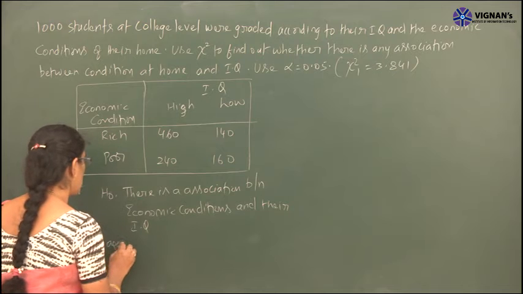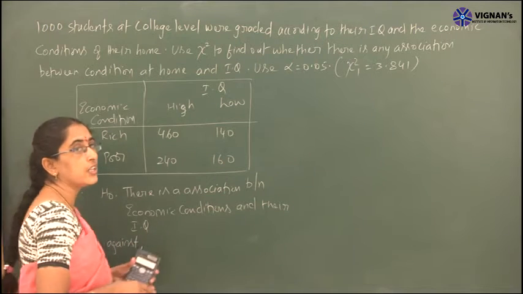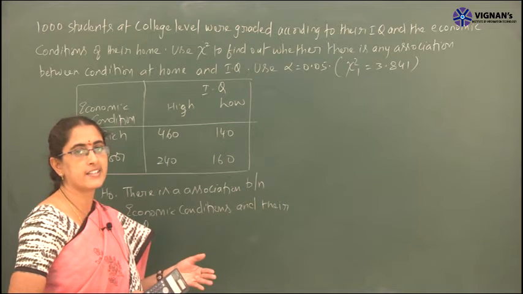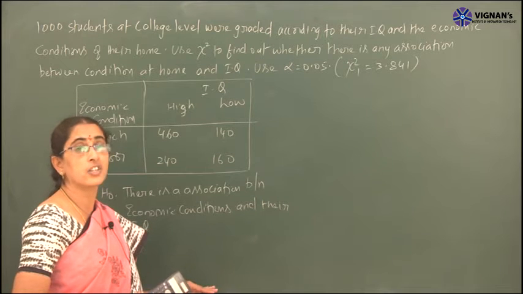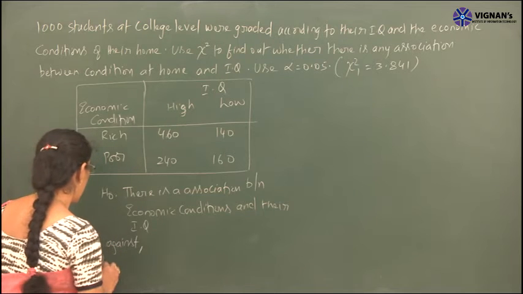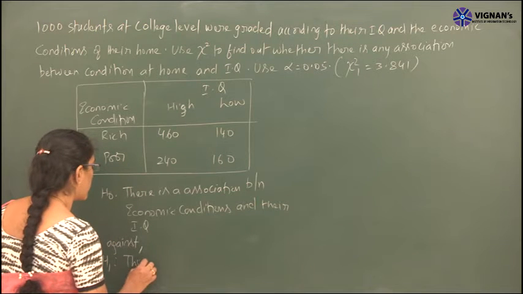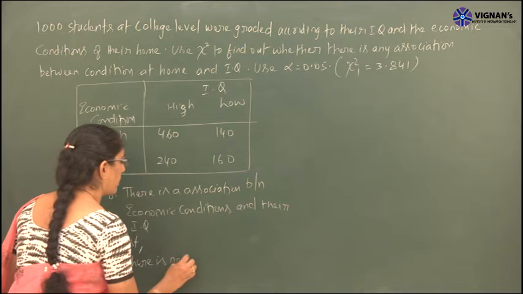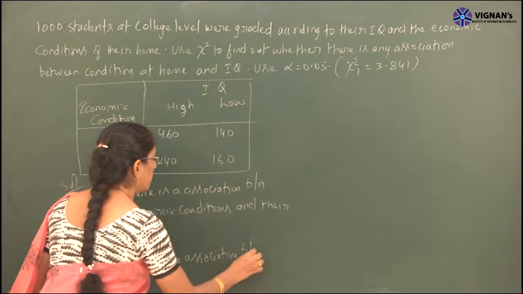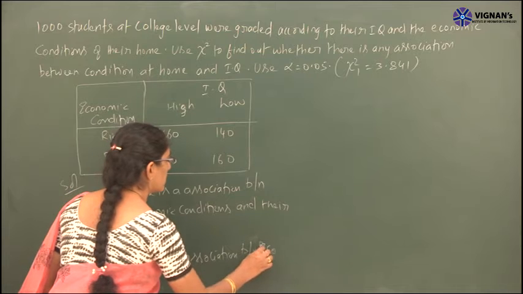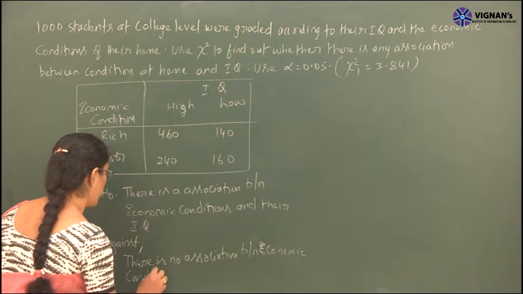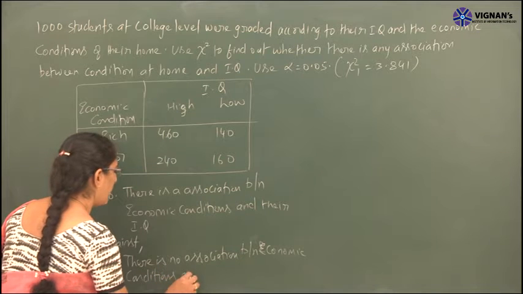Against H1: for the chi-square tests for attributes or goodness of fit, regarding qualitative data, the alternative hypothesis is always true and only. So against H1, there is no association between economic conditions and their IQ.